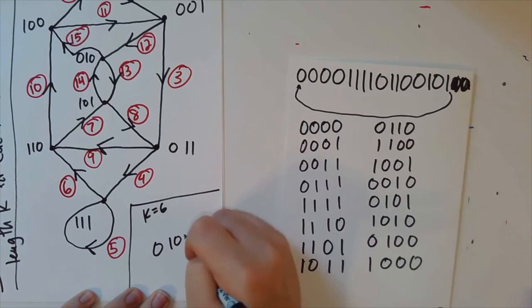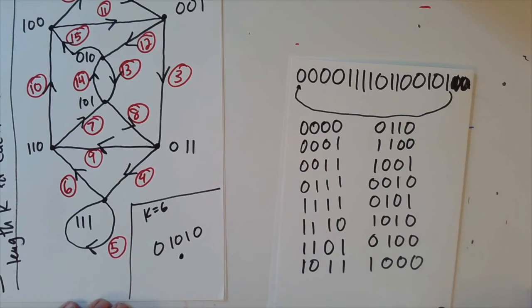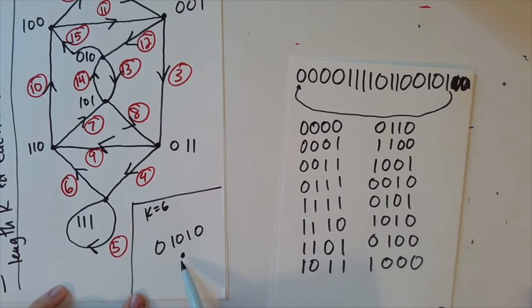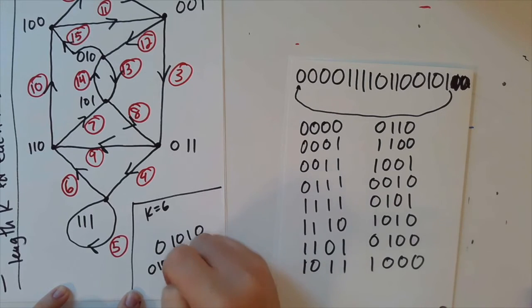And so, say we're looking at this vertex, you can ask yourself, what vertices go into this vertex? Well, they have to end with 0, 1, 0, 1 in order to go into this vertex.